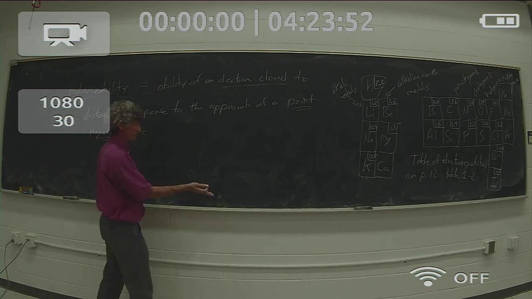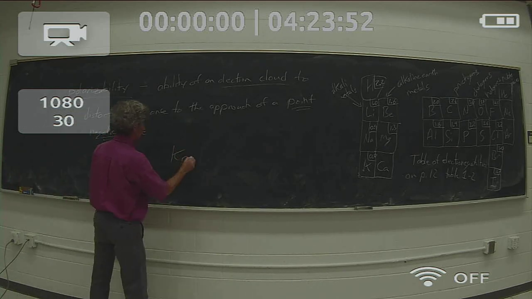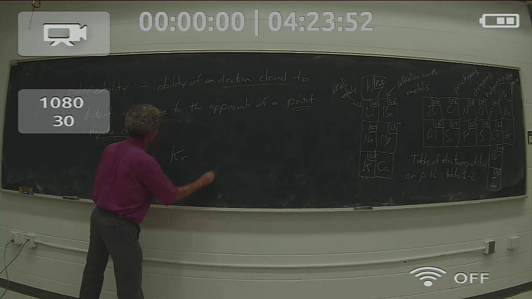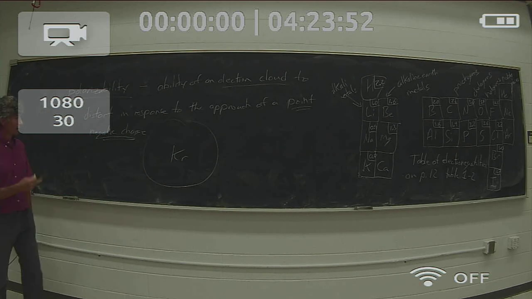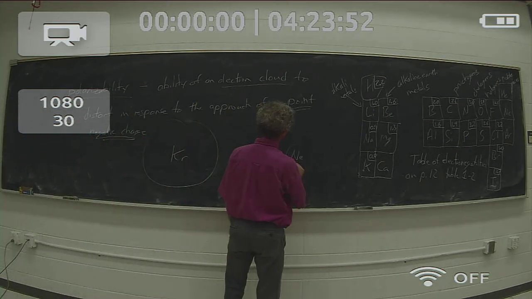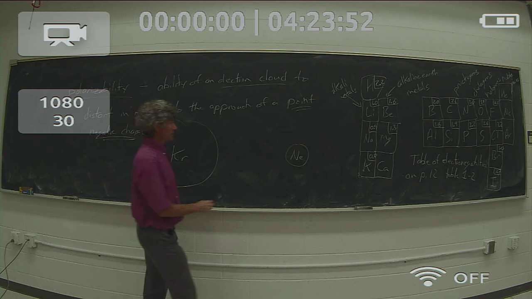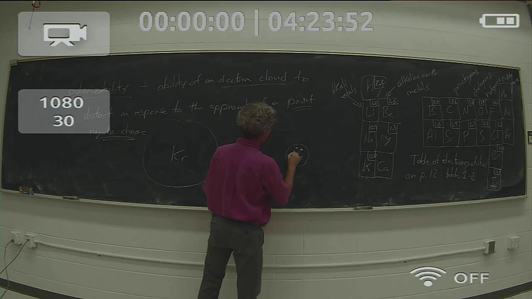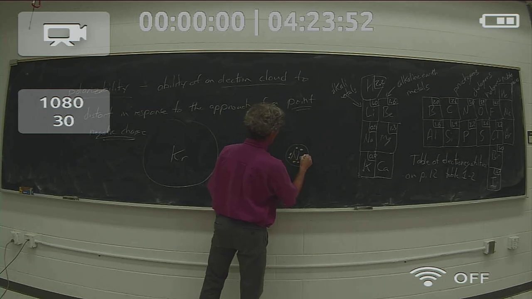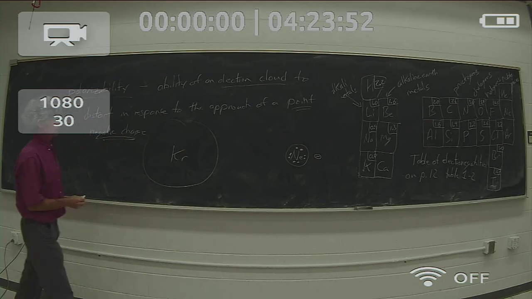So if we compare krypton, for example, which is a noble gas that's got a very large orbital, and we compare that to neon, which is a noble gas with a much smaller orbital, neon will be holding its electrons pretty tightly. So if you bring a negative charge up towards neon, the electrons would like to run away.